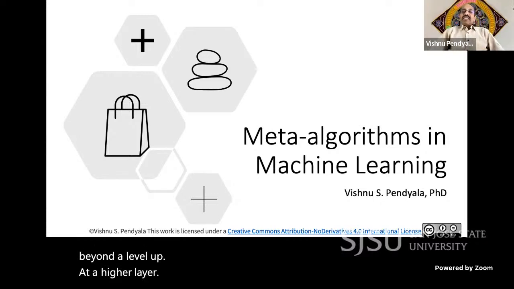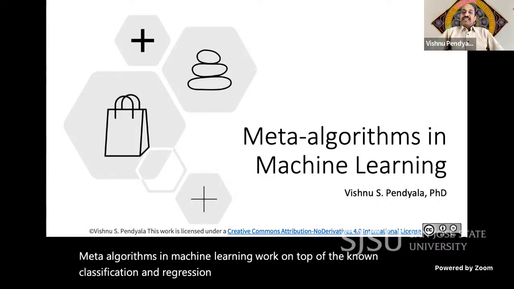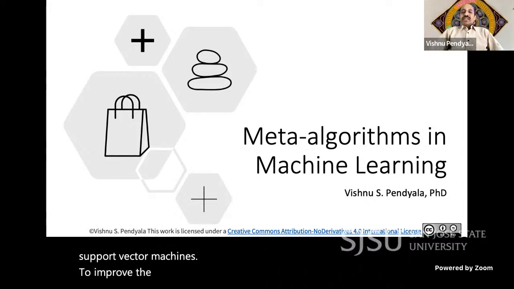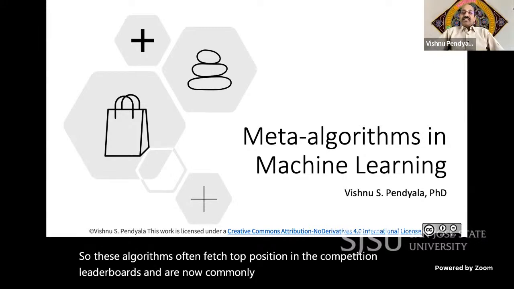Meta algorithms in machine learning work on top of the known classification and regression algorithms like decision trees, logistic regression, support vector machines to improve the performance substantially. These algorithms often fetch top position in the competition leaderboards and are now commonly used in the industry as well. I mean the meta algorithms.